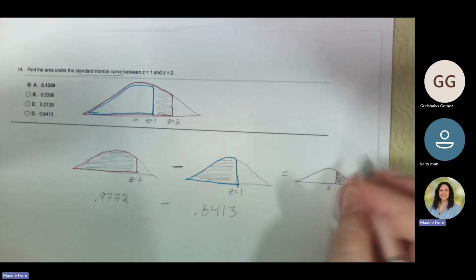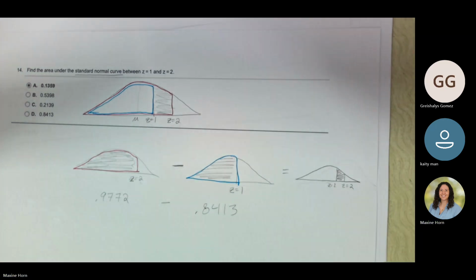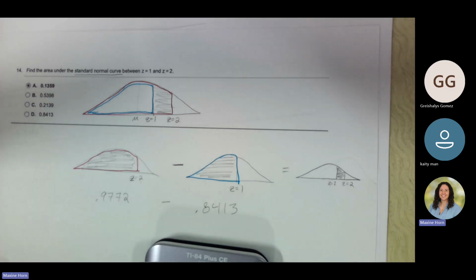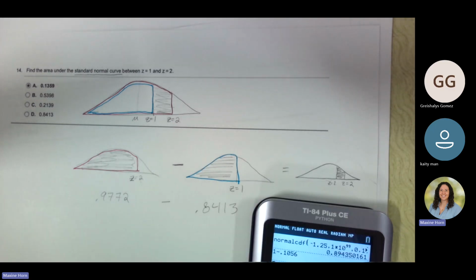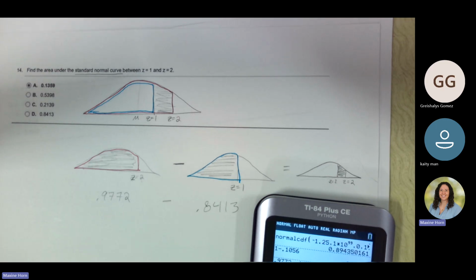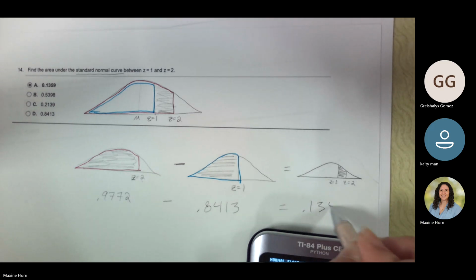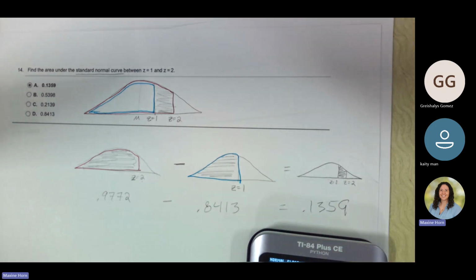I was about to do 2 and 3. Okay. So let's plug that into our calculator. 0.9772 minus 0.8413, and we get 0.1359. Okay, so that's if we were going to do it by hand using the table.